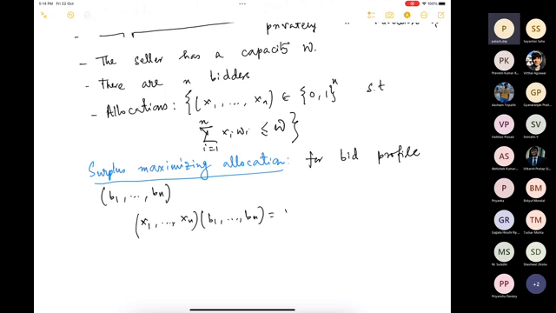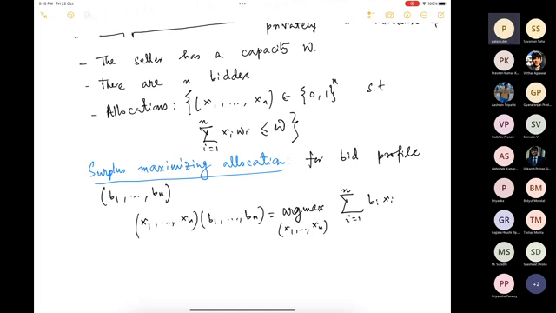This is the argmax of summation Bi xi, i equal to 1 to n. This is just from the definition. For the allocation x1 to xn, the social surplus is summation Bi xi, and we want to pick an allocation rule which maximizes this surplus. So we pick an allocation x1 to xn which maximizes summation Bi xi.